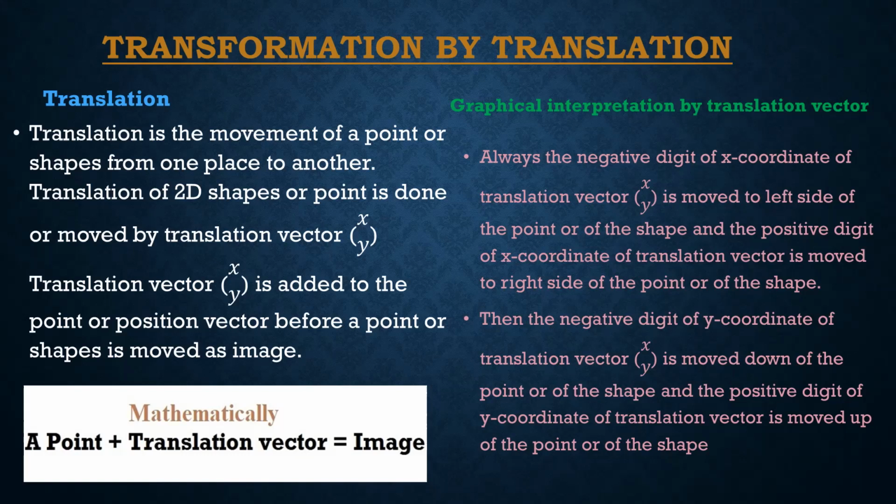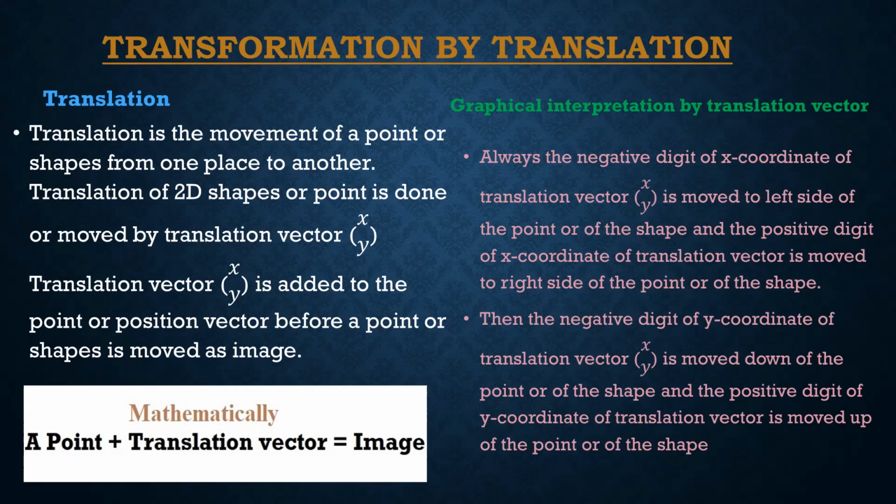So this is how we are going to do it. We have the graphical interpretation and then the formula. Mathematically, to find the image using a translation, we always add a translation vector to a point, and it gives you what? The image.